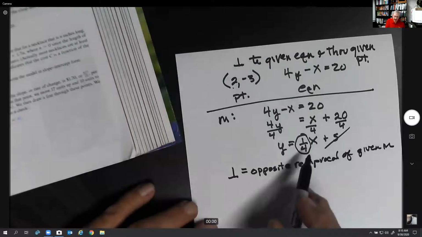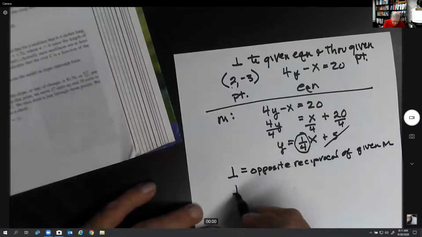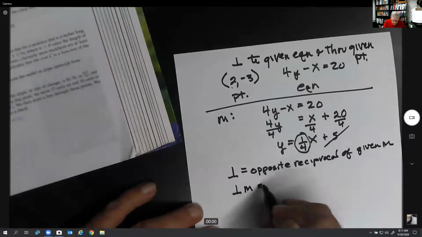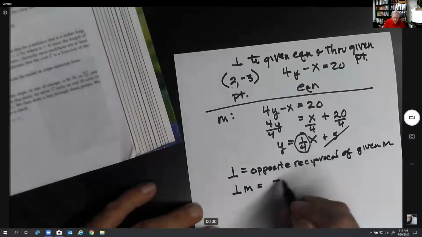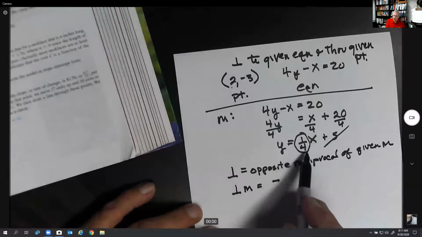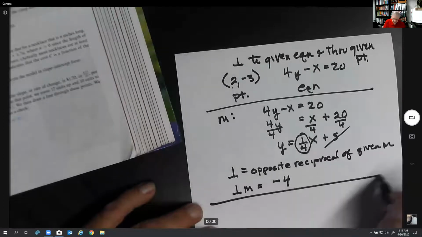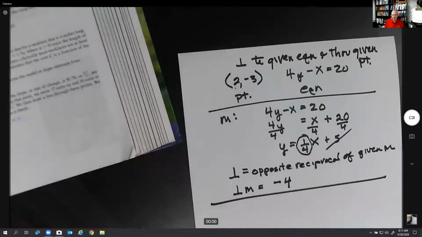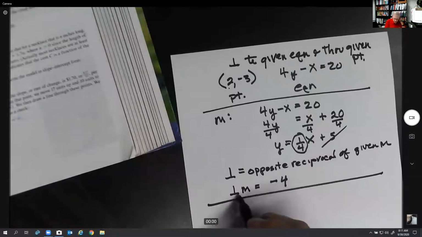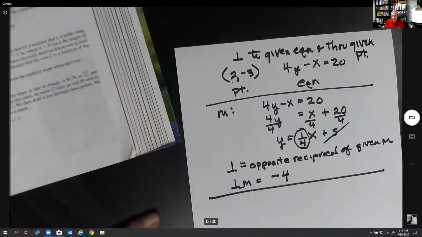So we want the opposite of that. Our perpendicular slope would be negative, and then the reciprocal of 1/4, which is 4. So that's the slope we're going to use. Our perpendicular slope would be -4.